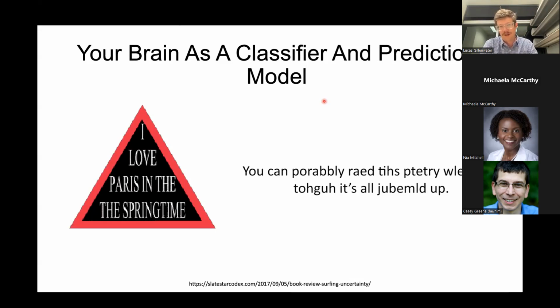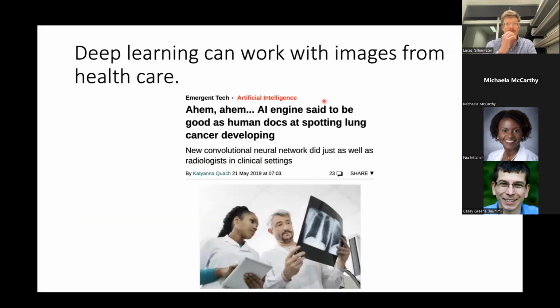So again, your brain as a classifier and a prediction model is the inspiration behind the artificial intelligence models that we're exploring today. And now these artificial intelligence models have already shown up in some experimental conditions within healthcare. Deep learning, which is a term that refers to a specific type of artificial intelligence model that has multiple neural network layers, has been shown to do very well in tasks like identifying specific features within images from healthcare.